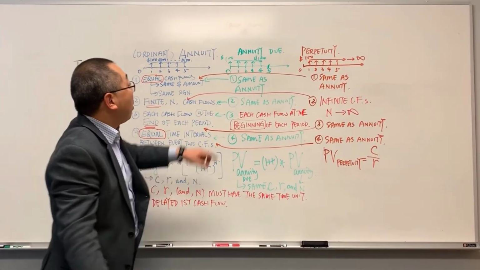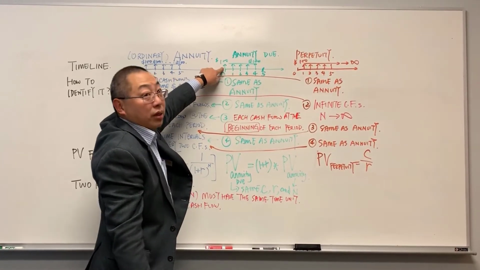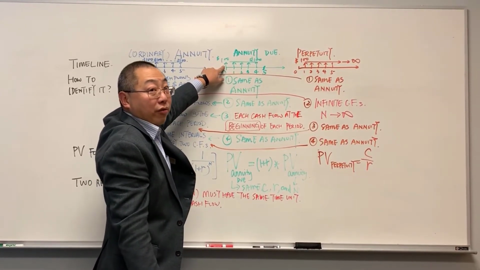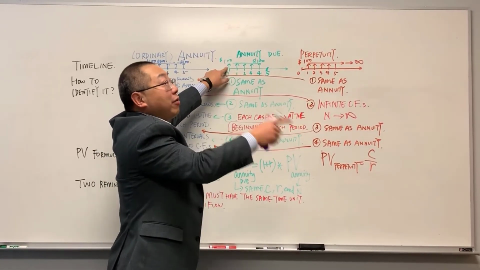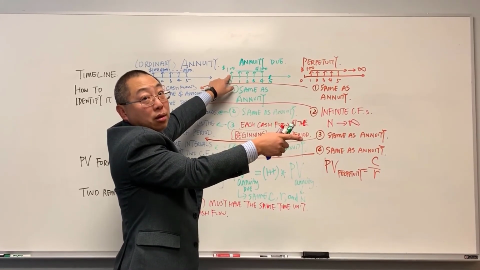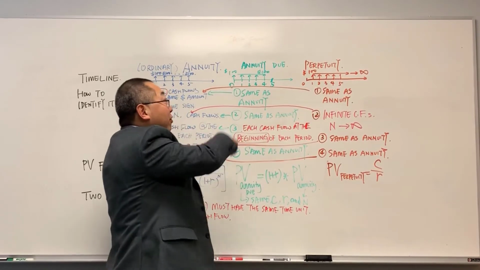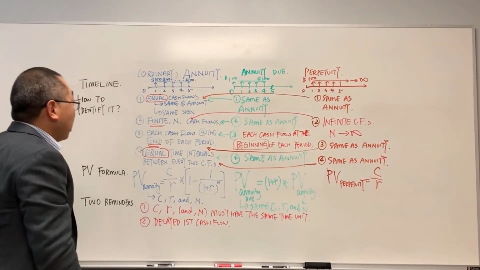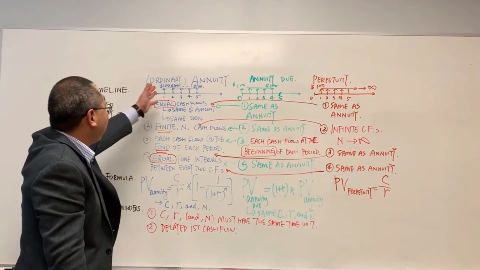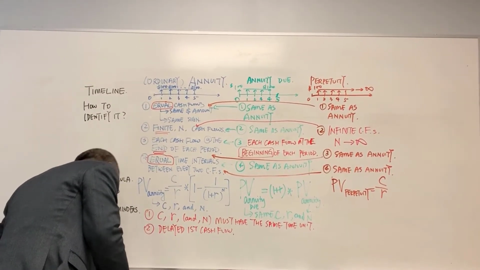For annuity due, your first cash flow is not occurring now at the beginning of the first period, but maybe at the beginning of the 10th period. So you have a delay for some years before you would see your first cash flow.